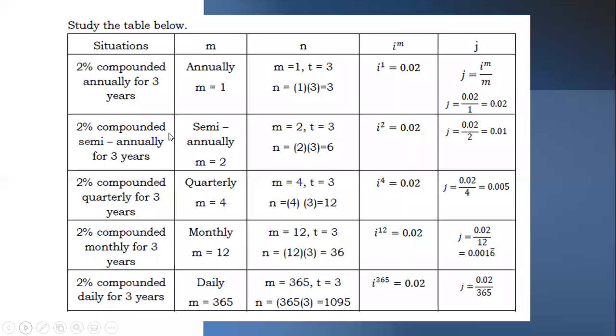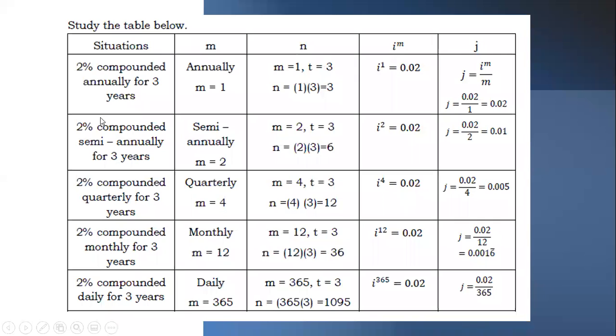Tingnan natin itong table na to. So these are the different situations that you may encounter with the different problems for compounded more than once a year. So pag sinabing 2% compounded annually for 3 years, so annually every year. So during the first year, ito po yung magiging computation natin. So given na siya. And then yung magiging rate of conversion natin, so 0.02 divided by 1 is 0.02.